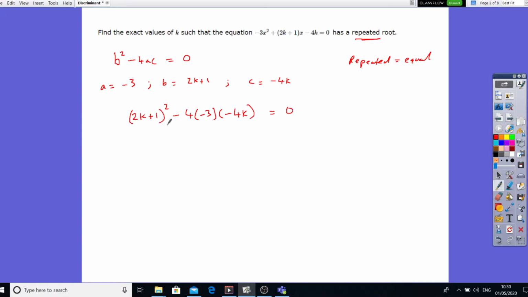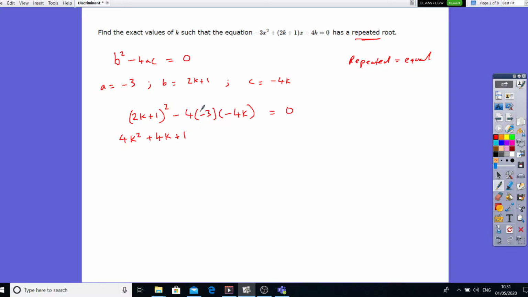So if we expand this out, we're going to get this squared, which is 2k squared is 4k squared. Now you should know the easiest way to expand this is just 1 times the k and then double it. So 1 times 2k is 2k, double it is 4k. And then we get the end value, which is positive 1 squared is 1. And then there's times all that.